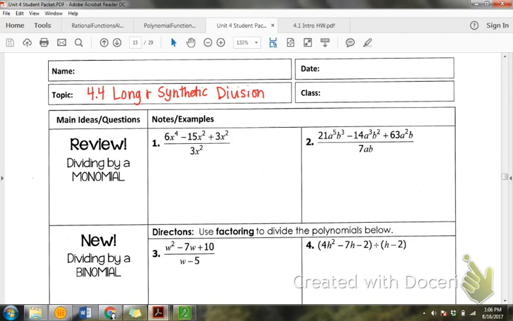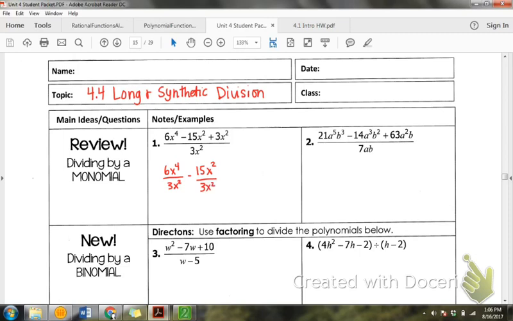So if we look at number 1, it's an example. We talked about this already. We've done this review. We're dividing each of these terms by 3x squared. So an easy way to do this might be to write it over each one, 6x to the 4th over 3x squared minus 15x squared over 3x squared.